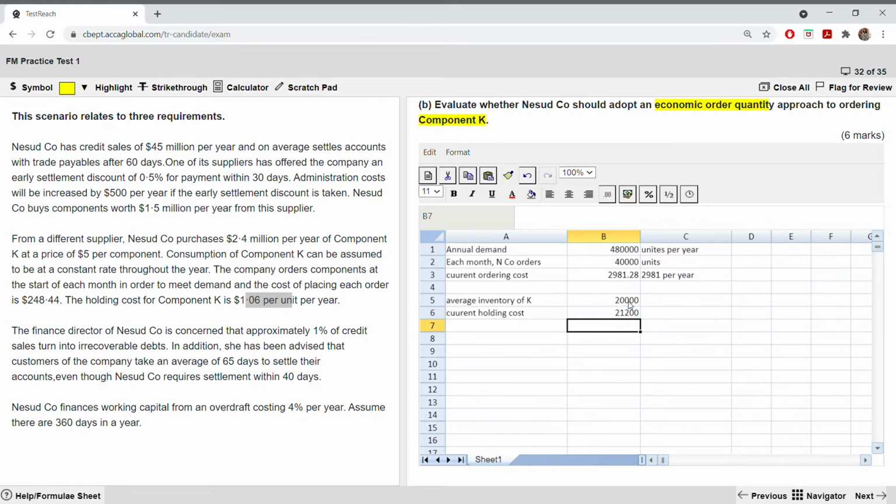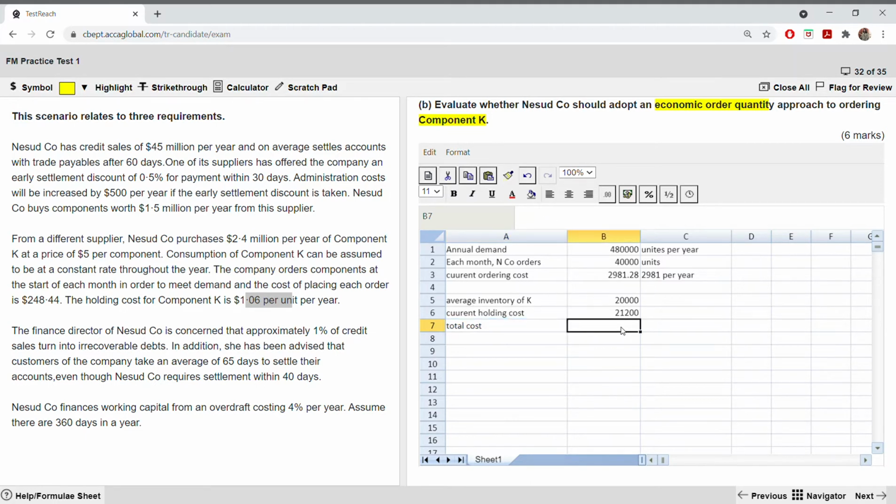Now the total cost of current order policy. What is the total cost? Just add your current holding cost and current ordering cost.